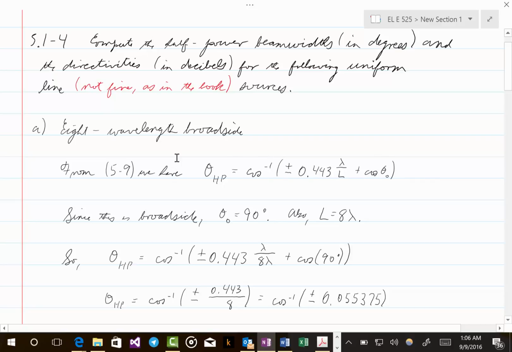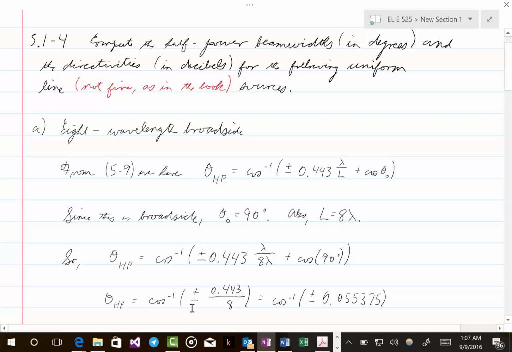But first of all, for the present problem, since this is broadside, remember that we're thinking of a uniform line source along the z-axis, and so theta equals 0 degrees would be end fire, as would theta equals 180 degrees. Theta equals 0 degrees is out of the top, in the positive z direction, and theta equals 180 degrees would be in the negative z direction.